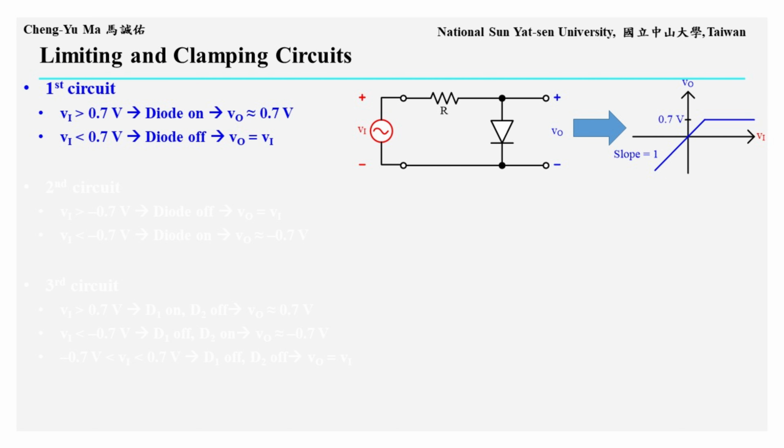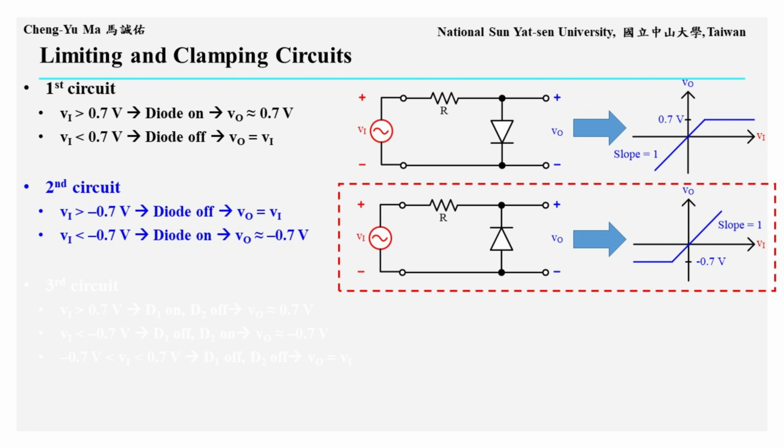From the transfer characteristic on the right, we can see that the positive voltage of the signal is clipped at about 0.7 volts. Next, we introduce the second circuit, which is obtained by reversing the diode direction in the first circuit. In this case, when the input signal Vi is less than negative 0.7 volts, meaning it is more negative than negative 0.7 volts, the diode becomes forward biased and turns on. Therefore, the output signal is limited to about negative 0.7 volts.